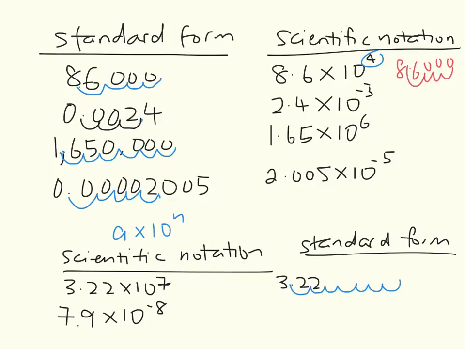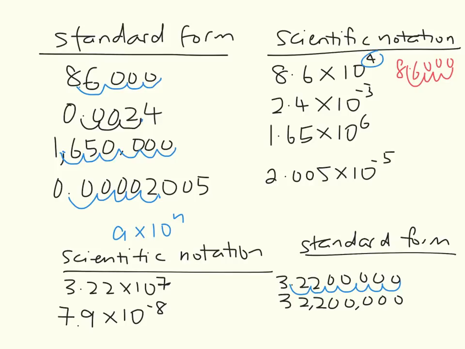So the final answer will be 3, 2, 2, and then how many more zeros? 1, 2, 3, 4, 5. 5 more zeros. So it's actually 32,200,000. And the second example is negative 8, and we know that the number gets smaller when it's to the power of negative 8.